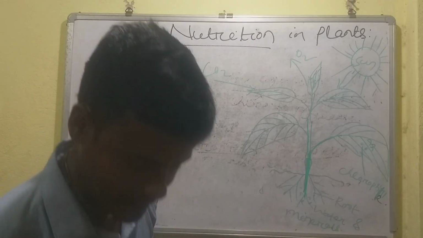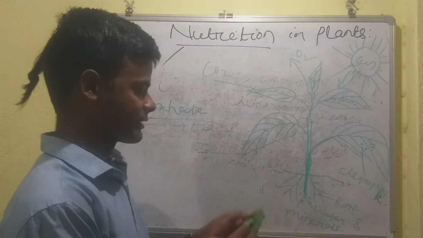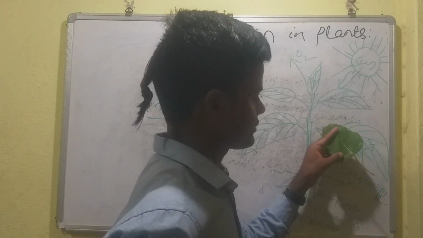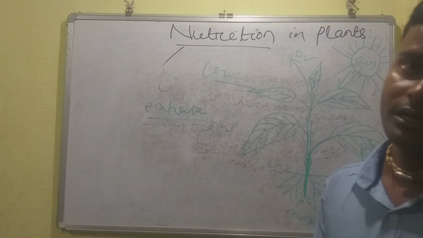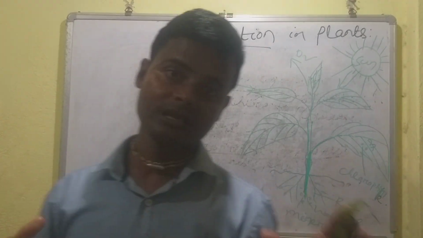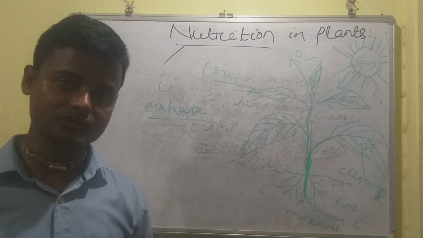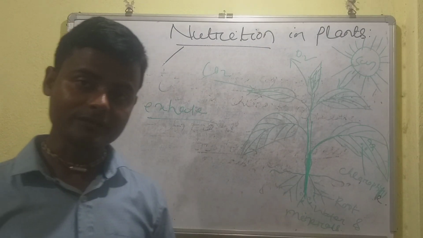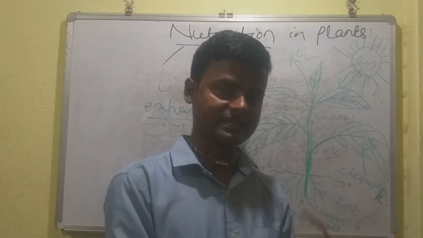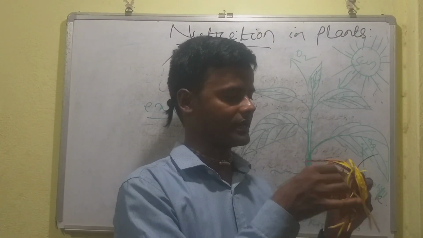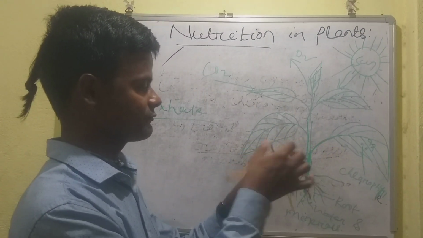Now a question is coming. The green pigment is present in the leaves of the plants, but there are certain plants whose leaves are not green in color. Some plants you must have seen have red leaves, violet leaves, brown leaves, different colors. I want to show you here. You see these leaves, this one is yellow, and you see these leaves, a combination of different colors.